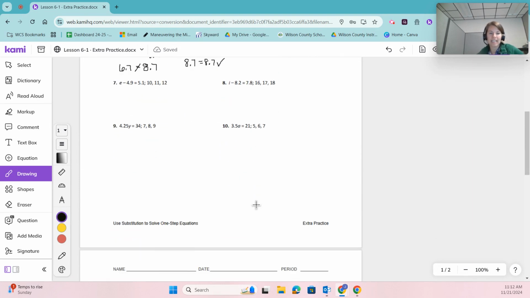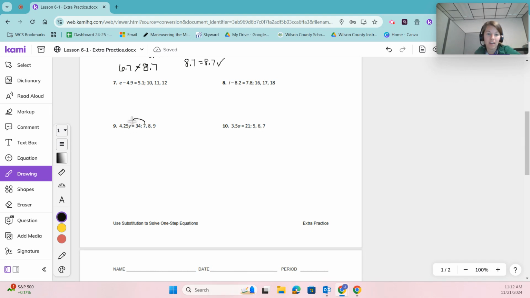Now for 9 and 10, we have multiplication. Remember, when we have a number right next to a variable, that is multiplication. When we have multiplication and we substitute, we're going to use parentheses to show that substitution.